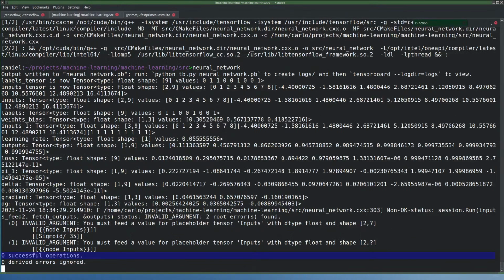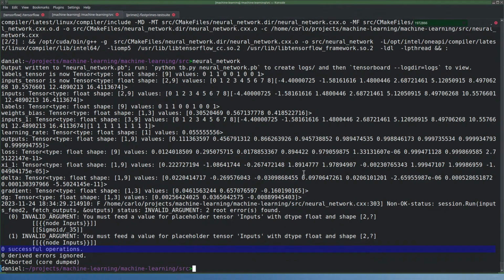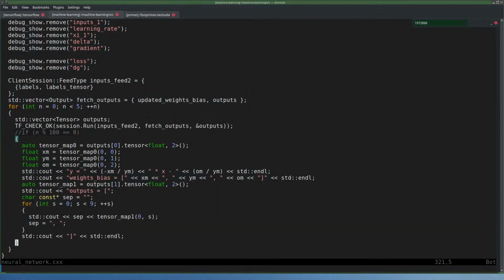But yeah, then it's going to tell me you must feed a value for placeholder inputs. So it really wants me to feed the same inputs over and over and over, and I don't get that. Well, not only don't get that, I really don't like it.